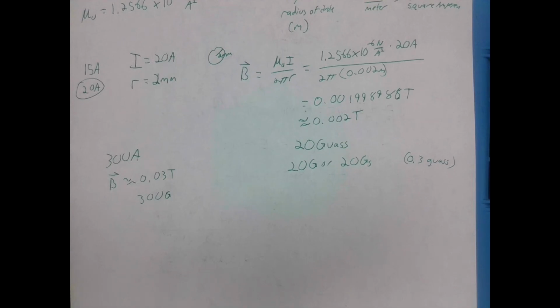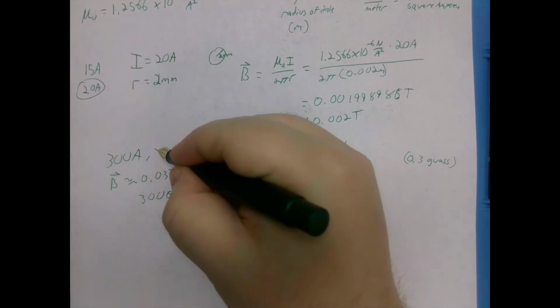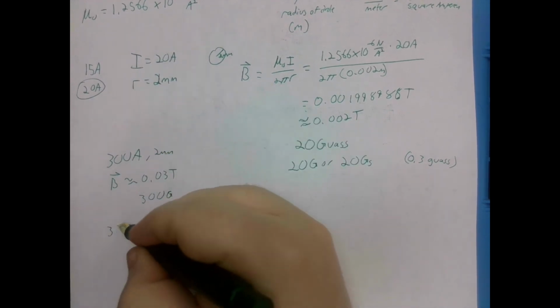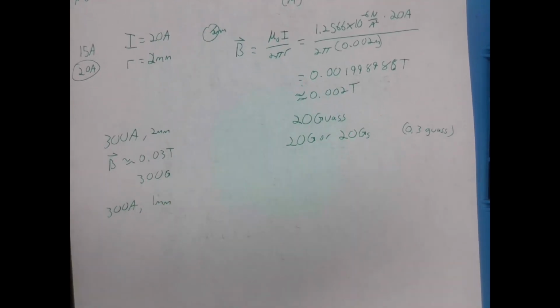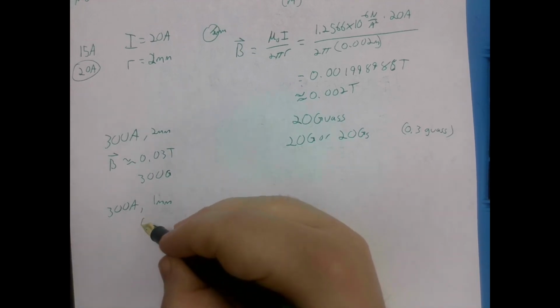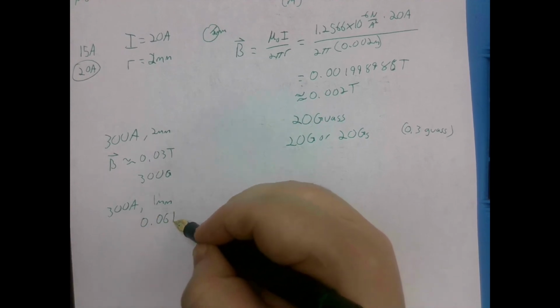And this is for 2 millimeters. If we decrease that to 1 millimeter, which I don't think you can run 300 amps through a 1 millimeter radius wire, it'd just double it.